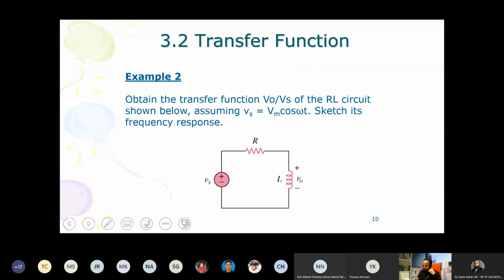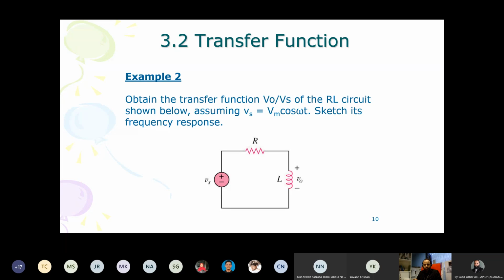Okay, so let's take a look at another circuit, and look at it from the same perspective that we just discussed. In the previous circuit there was a capacitor, and here we have an inductor. Okay, what happens to an inductor for DC circuits?